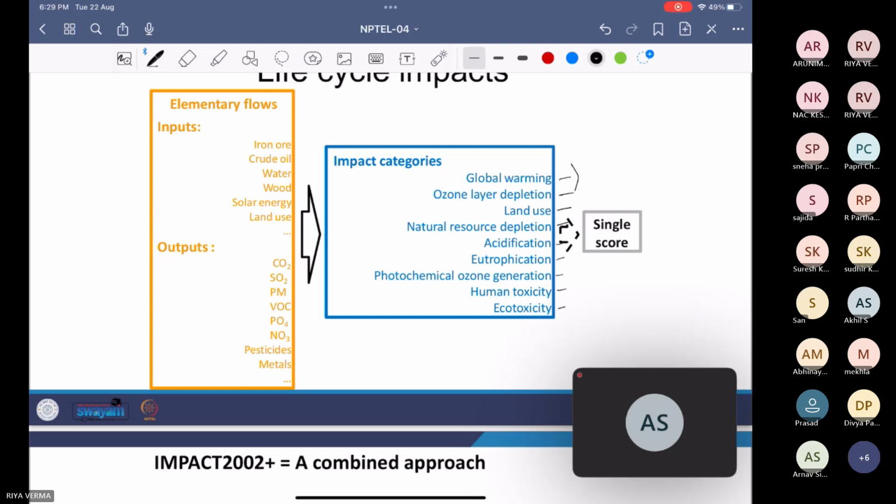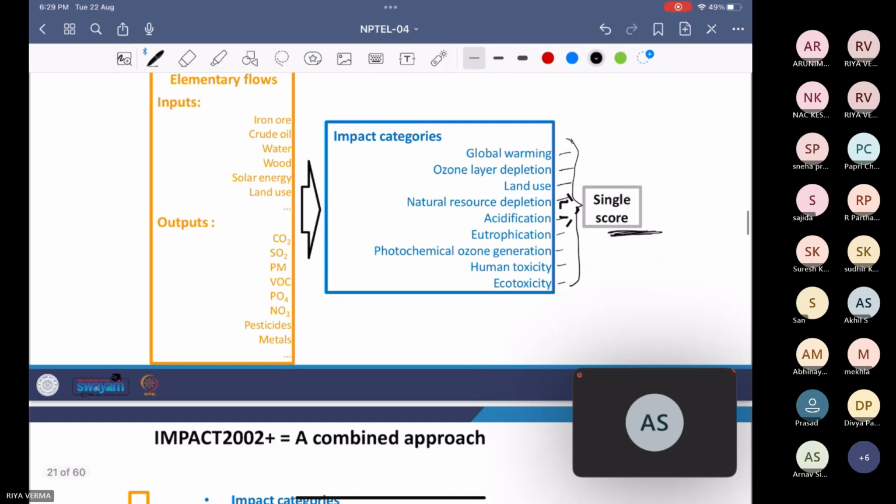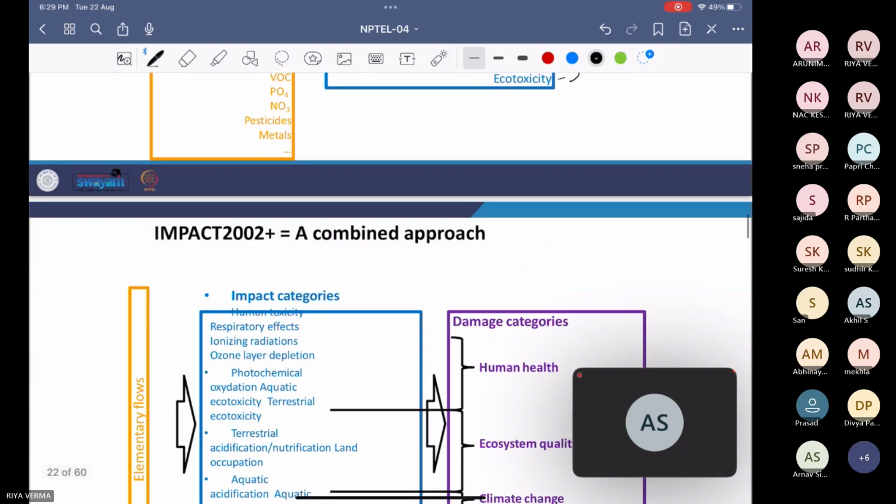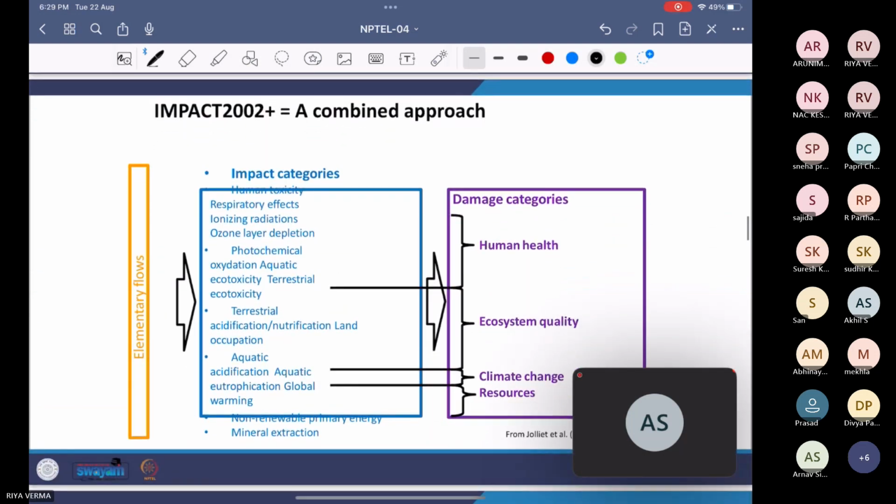All of these, or maybe one or two, or some of the categories, we consider during our LCA process, and we try to convert that into a single score, that is your impact score. This is a methodology for performing the LCA, that is IMPACT 2002+.